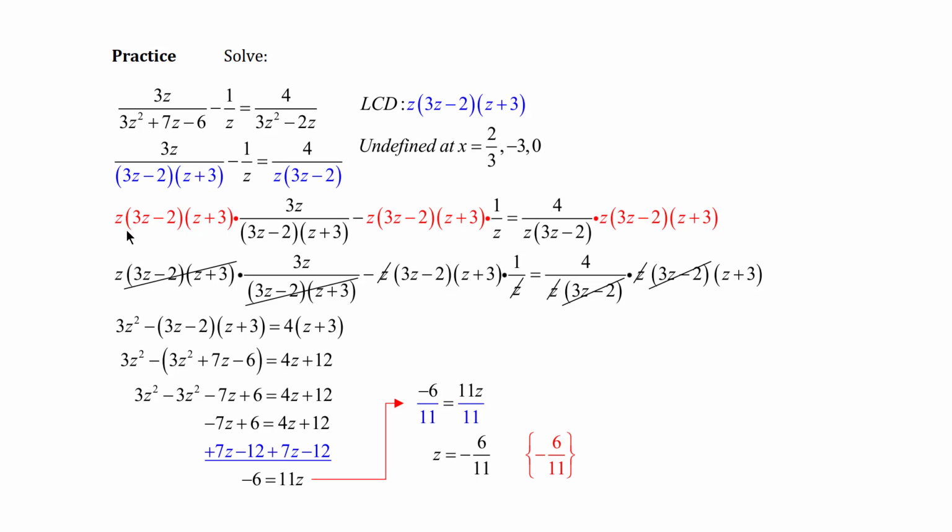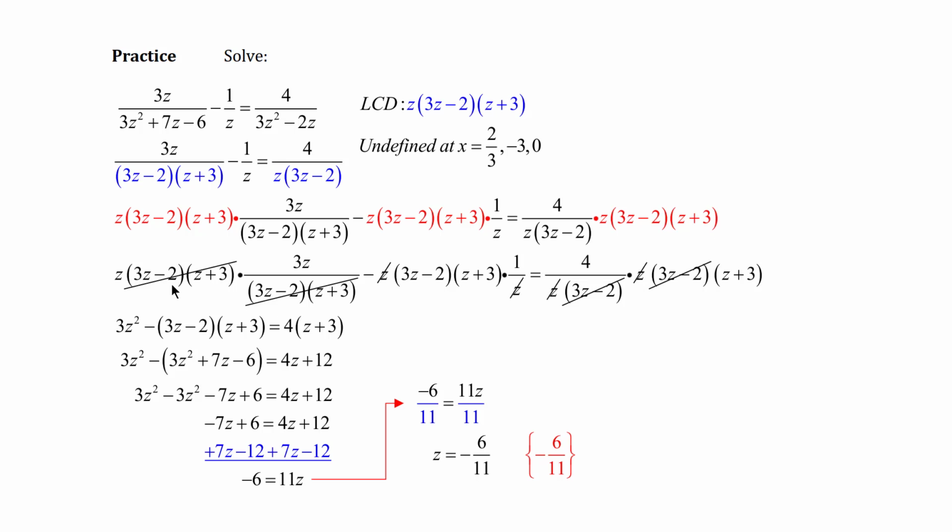We have z times (3z minus 2) times (z plus 3) times 3z over (3z minus 2) times (z plus 3) minus z times (3z minus 2) times (z plus 3) times 1 over z equals 4 over z times (3z minus 2) times z times (3z minus 2) times (z plus 3). Next, we could cancel out our common factors.